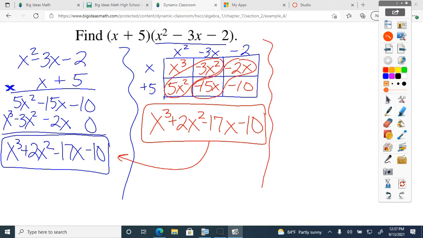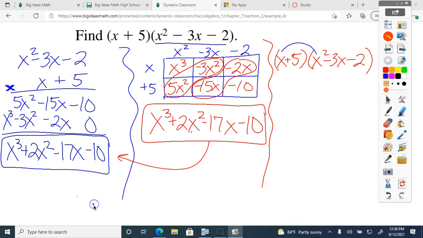Last but not least, we just distribute x plus 5 times x squared minus 3x minus 2. And all I'm going to do is distribute. I have to do it to the whole thing, though. So what's x times x squared?